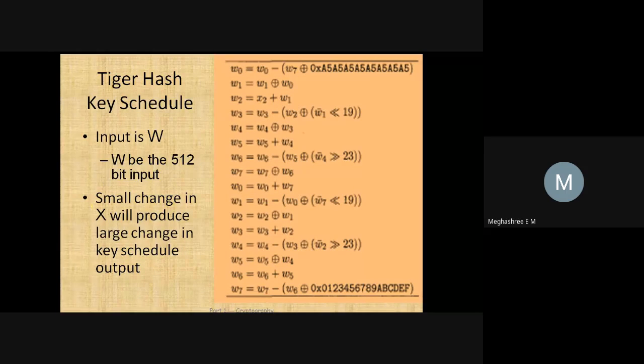So if there is any small change in the input, capital X is the input here, which is divided as ABC in the first outer round, it will produce a large change in the key schedule output. You should remember this. This we call the avalanche effect.